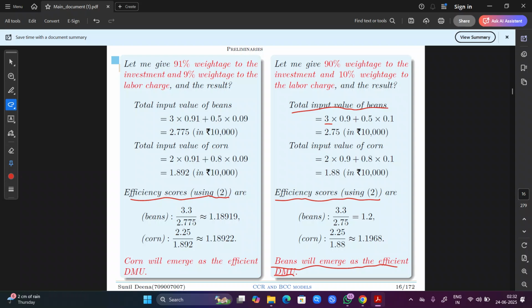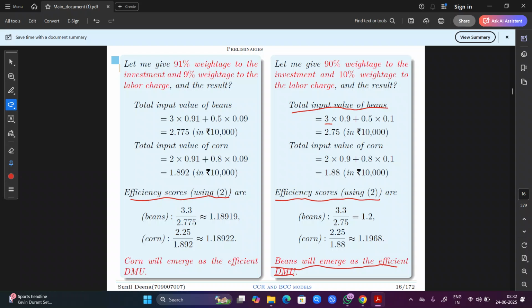Because if the number of inputs and the number of outputs increase, the efficiency formula won't work. Why won't it work? Because in this example, I am adding investment plus labor charge, and I am getting 3.5. Then I am giving equal importance. If I am not giving equal importance, you see that I am giving 91 percent weight to the investment and 9 percent weight to the labor, and I am getting corn as the efficient one.